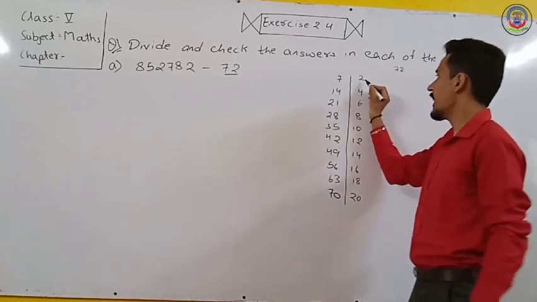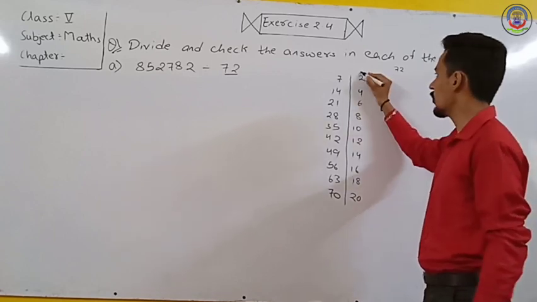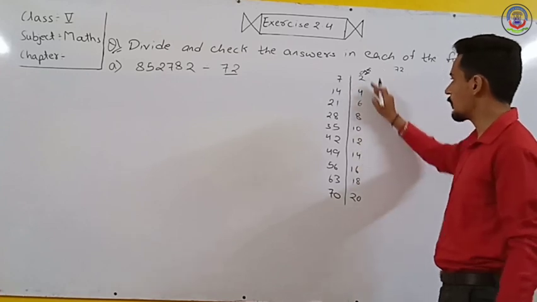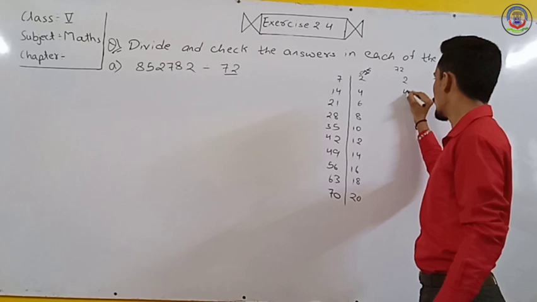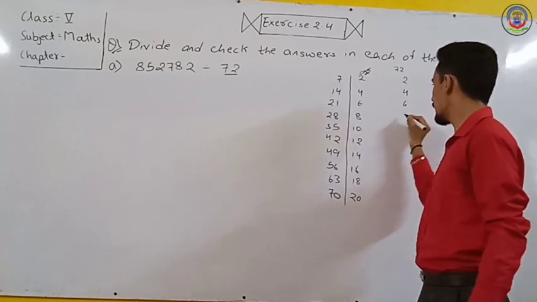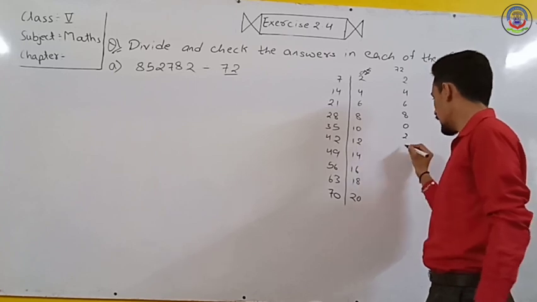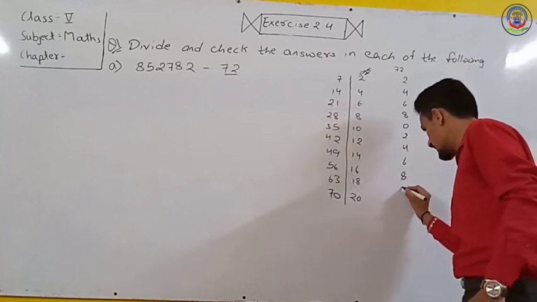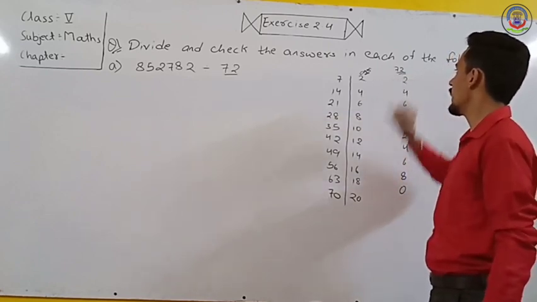At ones place, we write the ones place of 2 in 72's table: 2, 4, 6, 8, 0, 2, 4, 6, 8, 0. So it is the ones place of the 72 table.